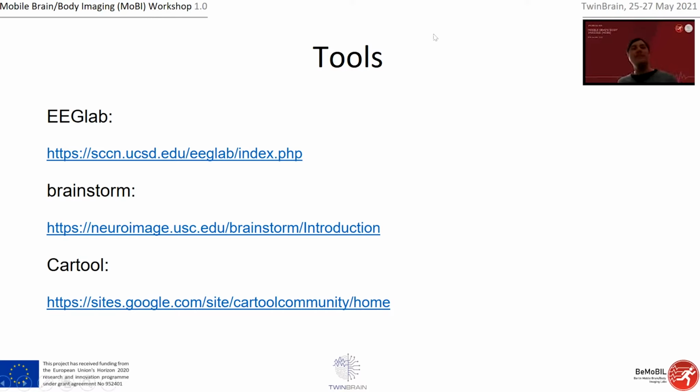Personally, in Geneva, we have Cartool, a tool for brain topography, which we usually use. If somebody's interested in that toolbox, please check it out. But for now, I'm going to use the top two because they are more widely used in this community, and I wanted to contribute with something that is already used and known by people here.